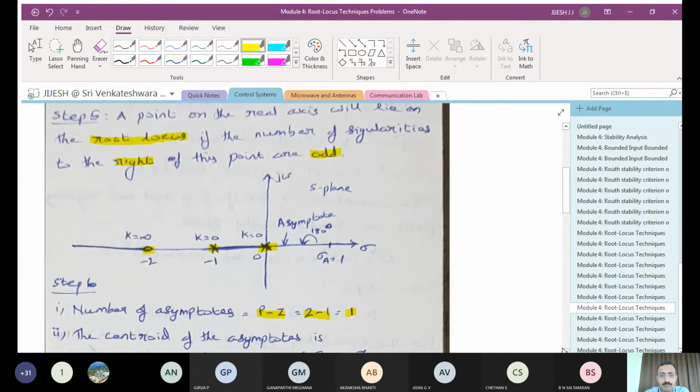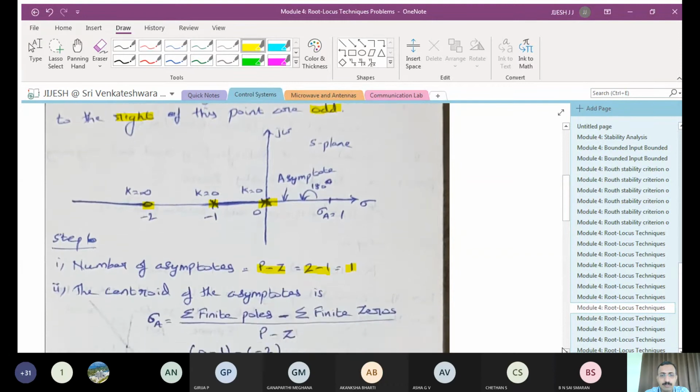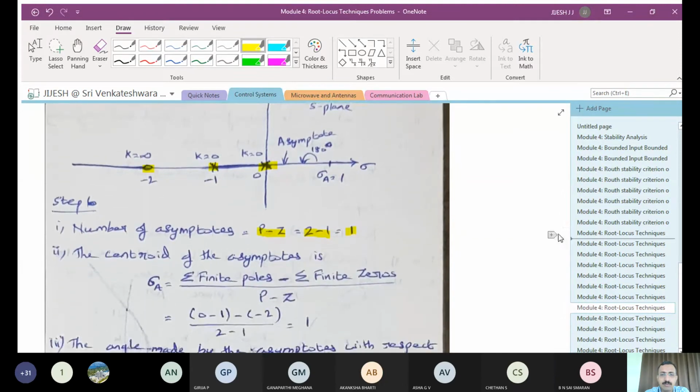So the centroid of the asymptote you have to find out. -3, sir. No. The centroid is the summation of finite poles minus the summation of finite zeros divided by the number of asymptotes. What are the finite poles? You have poles 0 and -1, the summation is 0 minus 1. The summation of zeros is -2, as you have one zero here at -2.